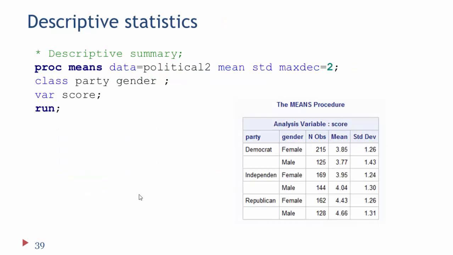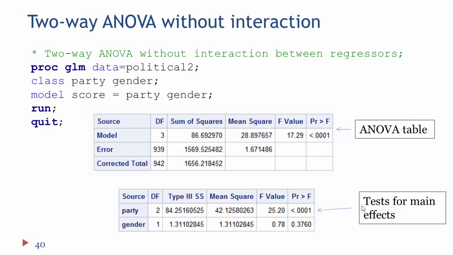Now let's do some descriptive summary statistics, the mean and standard deviation by party identification and by gender, which exactly match the numbers given in your textbook. Now we use proc glm to run the analysis, a two-way ANOVA without interaction between the regressors.